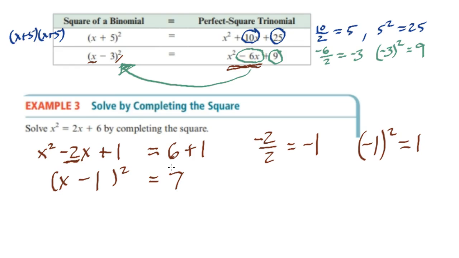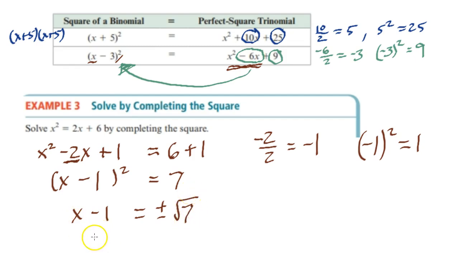At this point, we just want to finish solving the equation, which we use the technique from the previous slide, because now we have something being squared is equal to 7. So we can take the square root of both sides of the equation or use the square root property and get x minus 1 equals plus or minus the square root of 7.